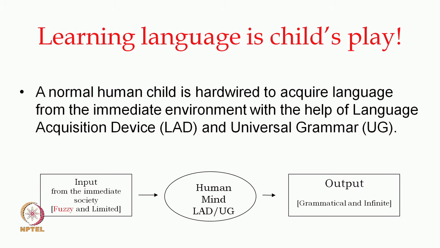The role of the language acquisition device and universal grammar in the human mind for developing generative capacity becomes explicit by looking at the structure of language. And it is this schema where the whole focus of this course is put, in understanding the relationship between language and the human mind. Thank you.